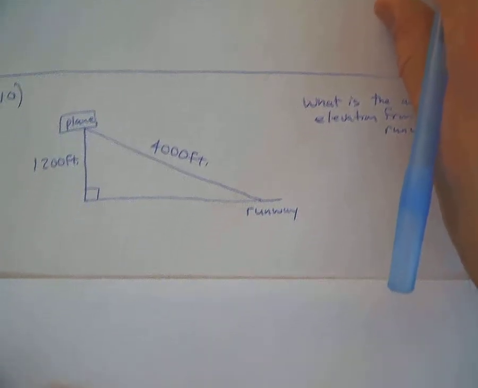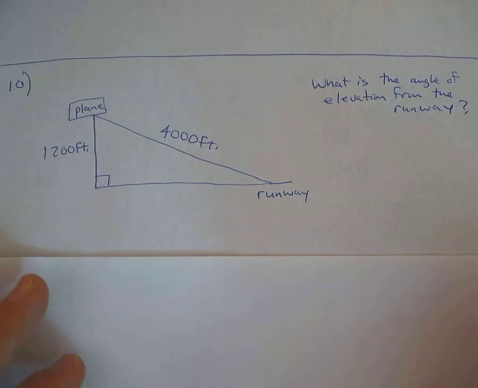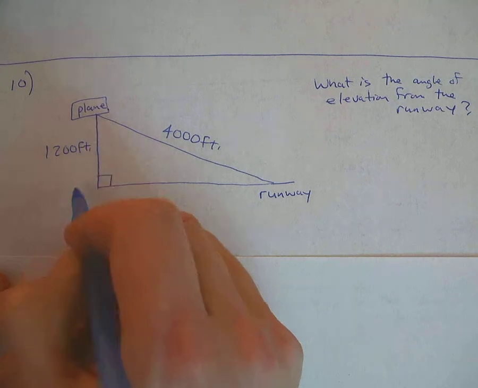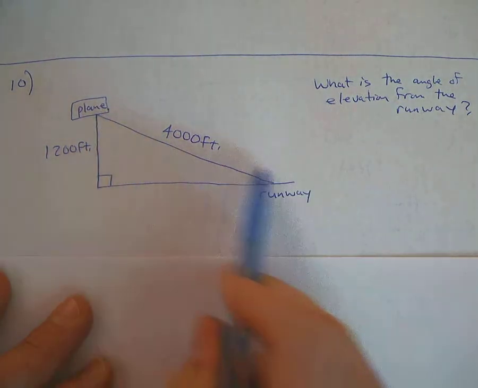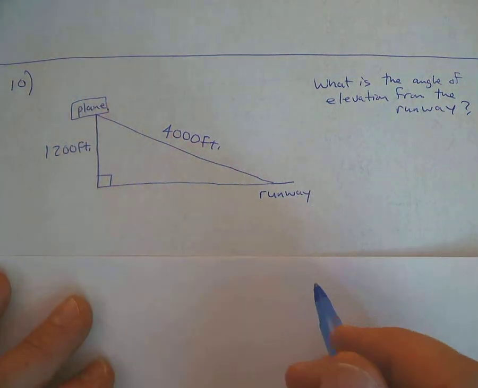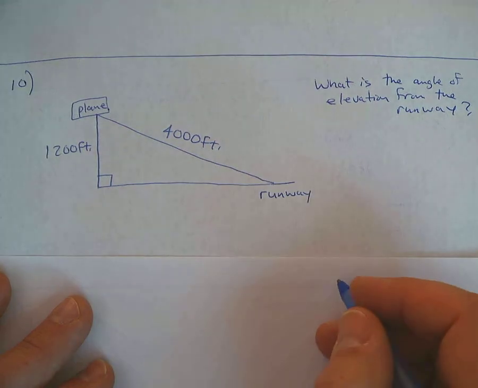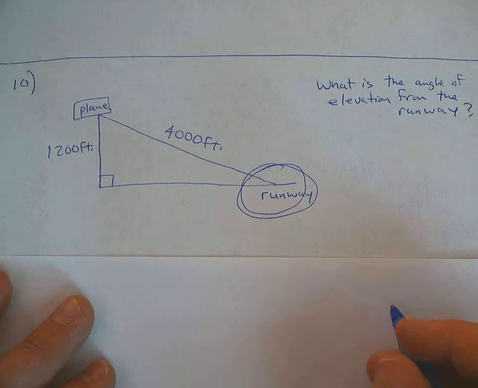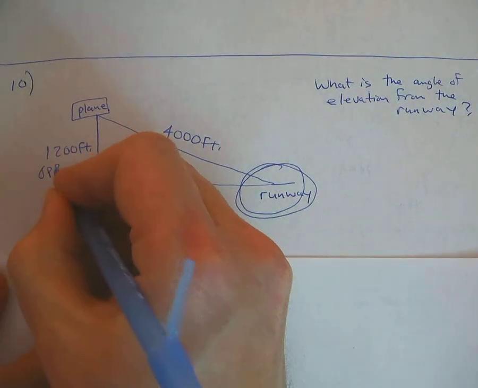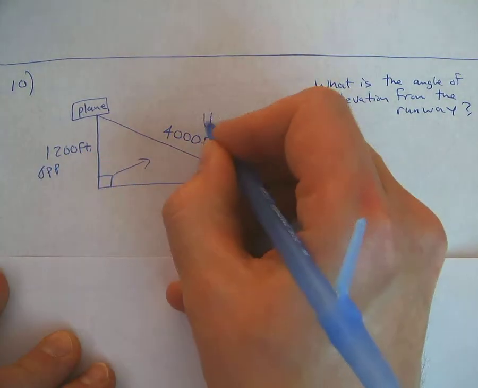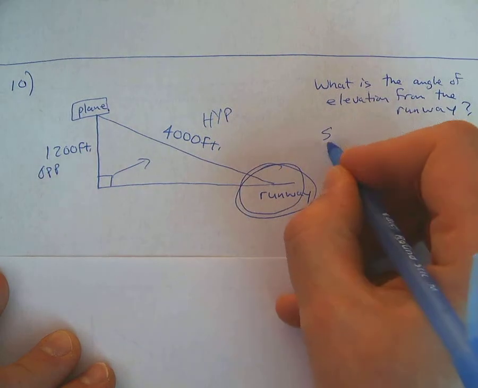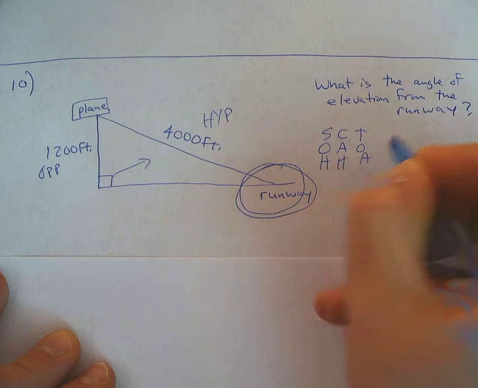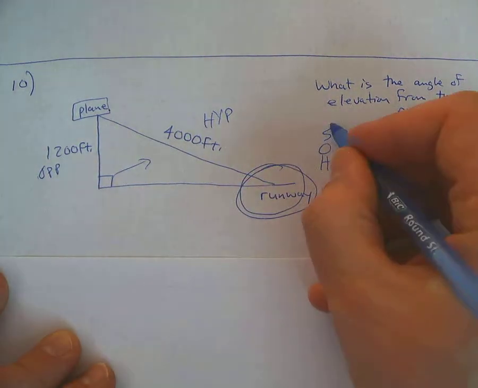All right, next. Got a plane. We want to know the elevation of the runway. Here's this plane flying up here, 1,200 feet altitude. It's 4,000 feet away from the runway where it's going to be landing. We want to know the angle of elevation from the runway. So we want to know this angle right here. Well, if I want to know this, this is the opposite. This is the hypotenuse. So I use SOHCAHTOA. I know O and H is going to be sine.